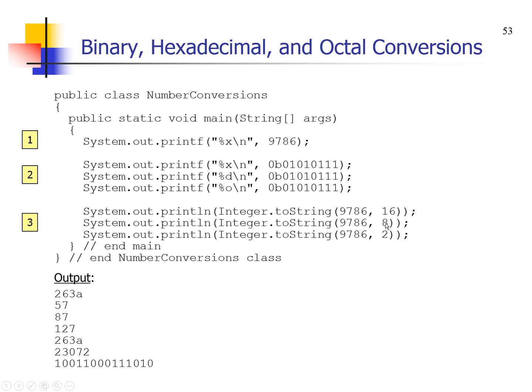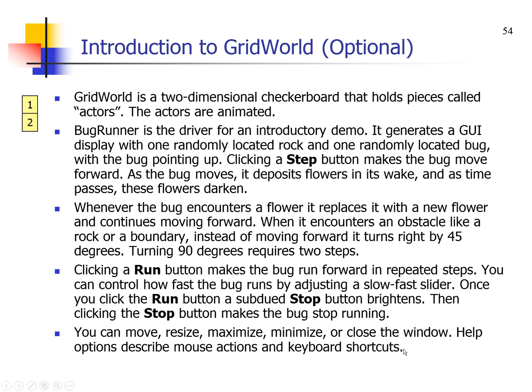We take our integer, and we're telling it base 16, base 8, base 2. So it's hexadecimal, octal, and binary. Easy enough to do. And there's what the outputs look like right down there.